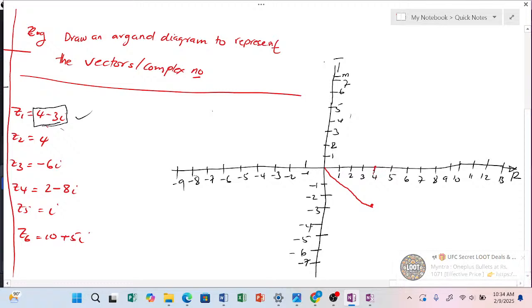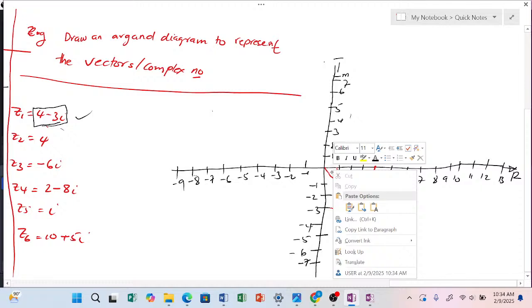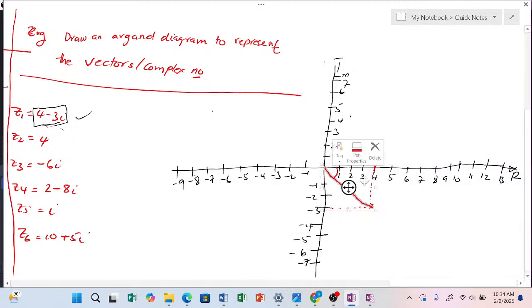Now, if I extrapolate this, the angle here, let me call it θ1. Now, because this is a line, it will have a magnitude, right?